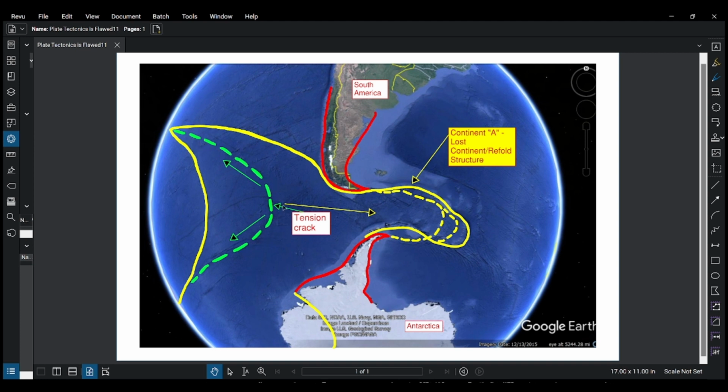So there's that battle of tension going on, and this action of the arm growing from the pulling from the tension, this directed action to this direction, that pulled up the edge of South America refold here and the edge of Antarctica.